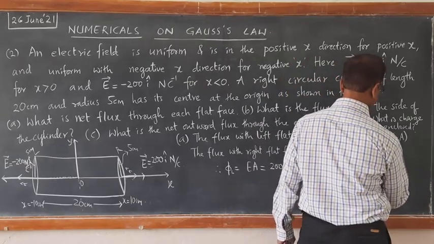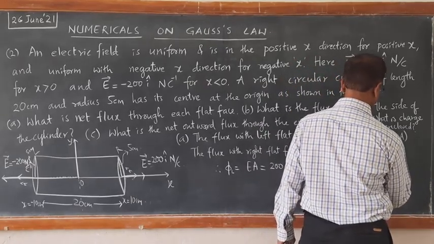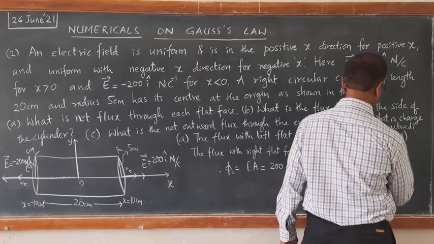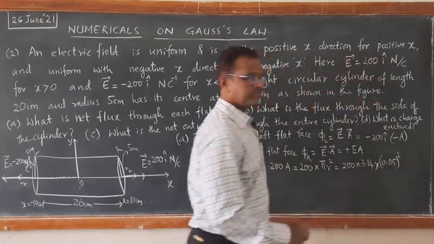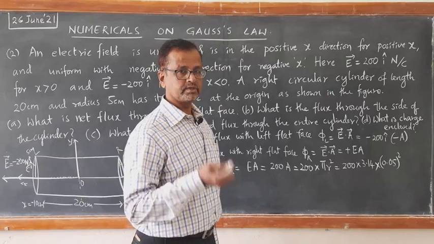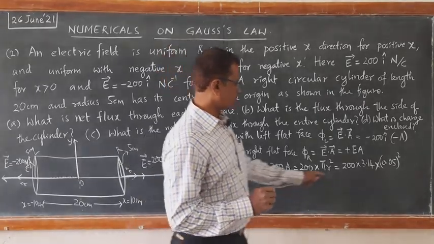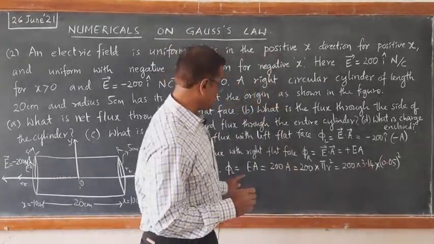So, that becomes 200 into 3.14 into r square. 5 centimeter becomes 0.05 meter, so 0.05 meter whole square. We should always write in SI units. So, that becomes the flux linking with the left side.